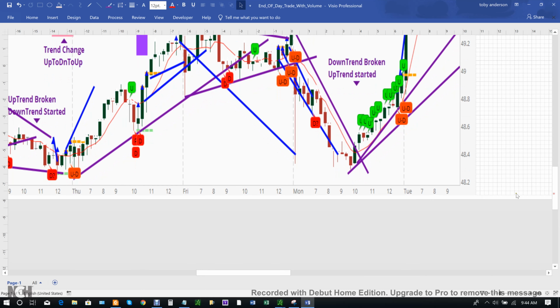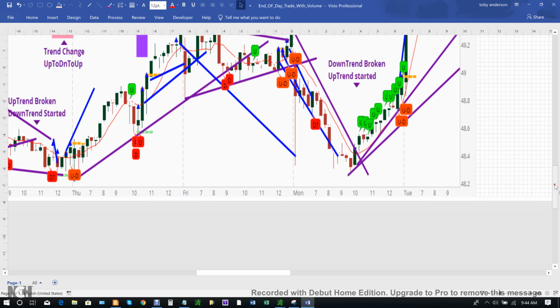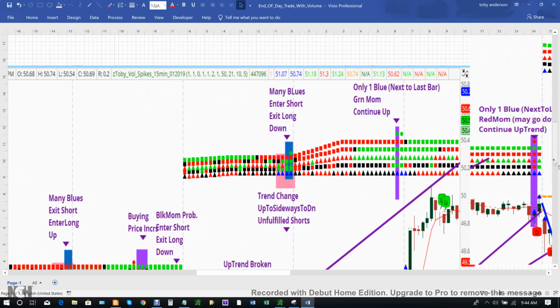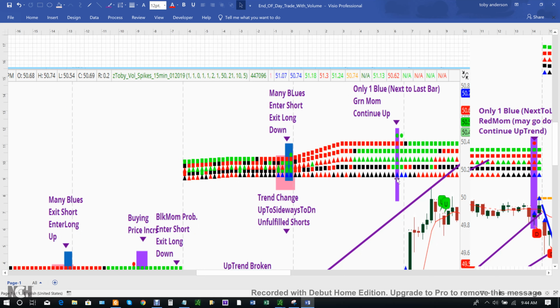If you look, the first half of the day goes down, the second half of the day goes up, so it's going to keep on going up like that. Since we have a blue triangle on the next to last candle, that means continue the trend. And also look at the green momentum.